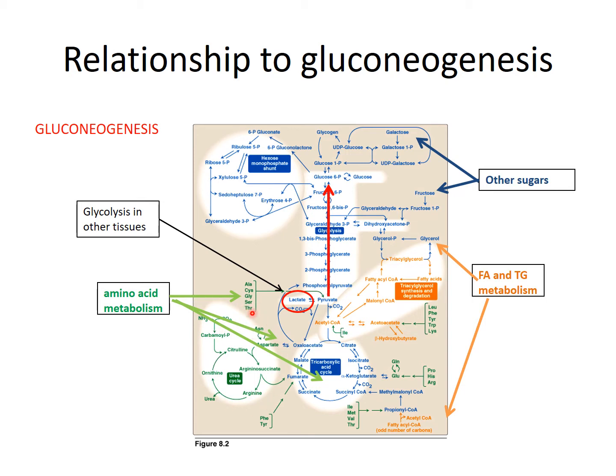Now you see the urea cycle right away. So when we are producing ammonia from the amino acids that are coming into the liver for gluconeogenesis, this ammonia will join the urea cycle and produce urea, which can be eliminated, as I said before.